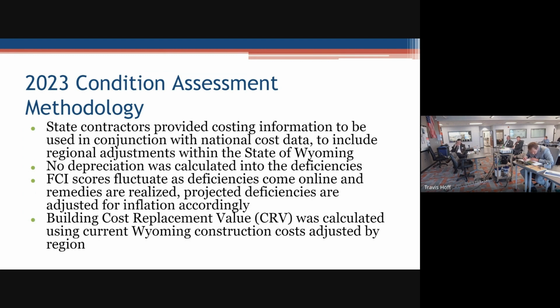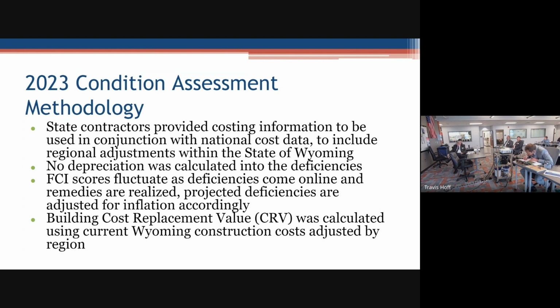So they cross-checked that using national cost data and their known costs from other assessments that they've done around the United States as well. And they made regional adjustments within the state of Wyoming to account for different pricing based on the resources that were available in those particular areas.